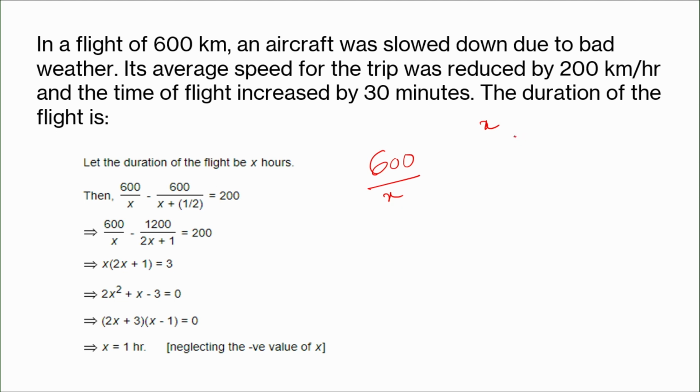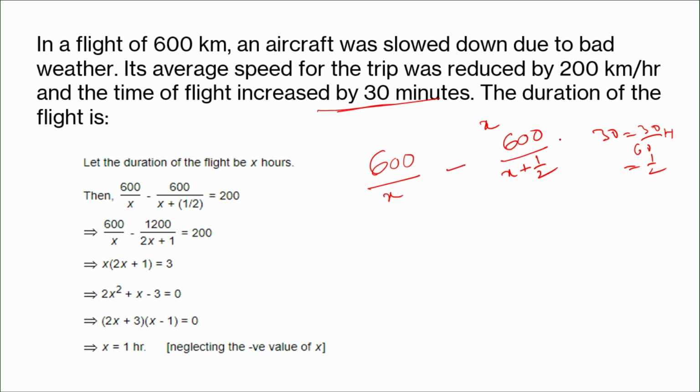The time increased by 30 minutes, which is 30 by 60 hours, that is 1 by 2 hours, so the new time is x plus 1 by 2.